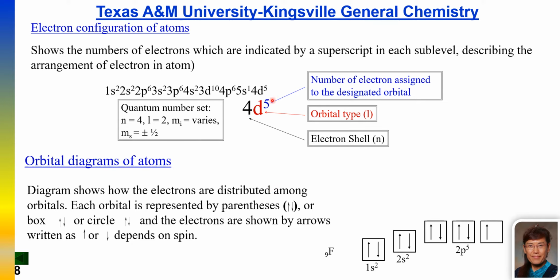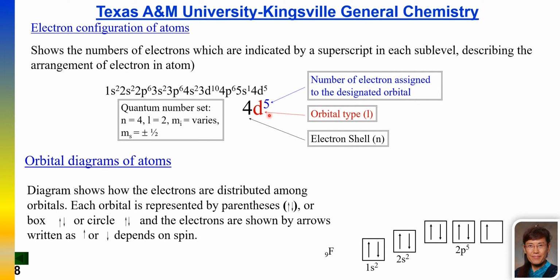For this 4d5, particularly for this denotation, the number 5, the blue colored number, represents the number of electrons assigned to the designated orbital. In this case, it's the d orbital. And the red colored letter represents the orbital shape, which is d. There are different types of orbitals: s, p, d, f.